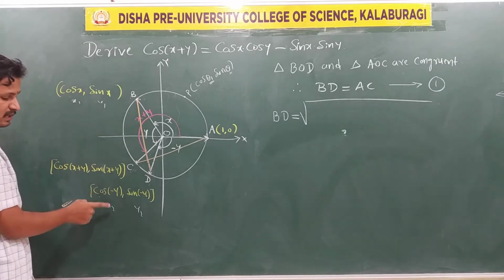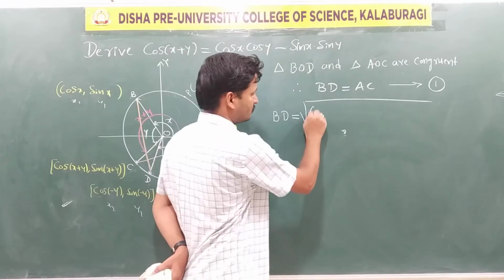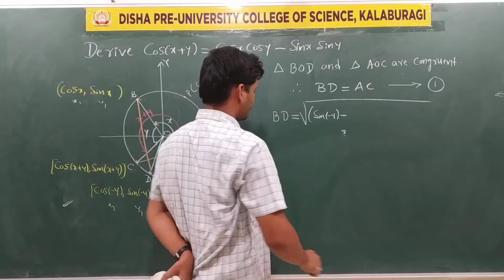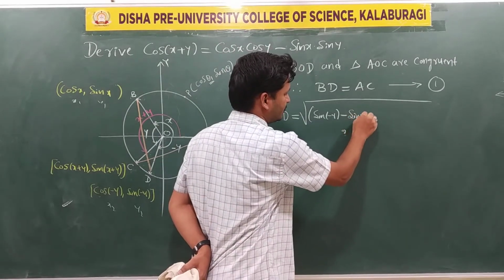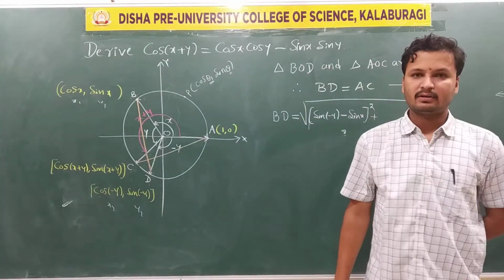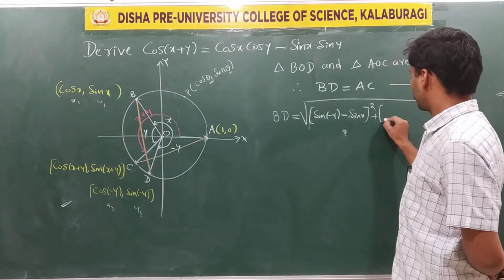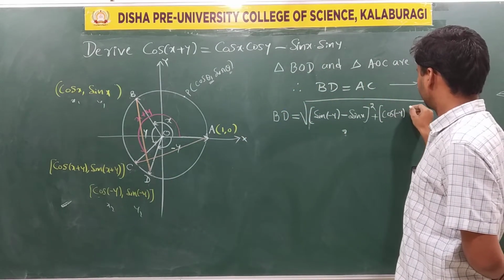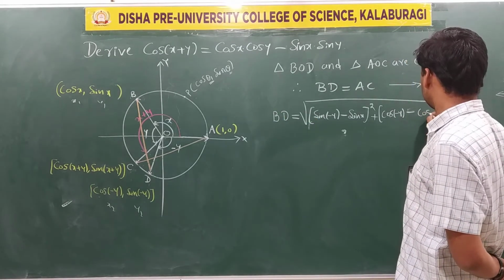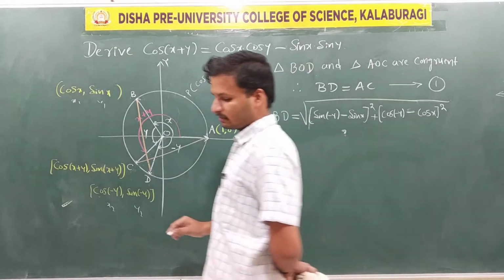By the distance formula, y2 is sine of minus y and y1 is sin x. x2 is cos of minus y and x1 is cos x. So this is the distance between point B and D.